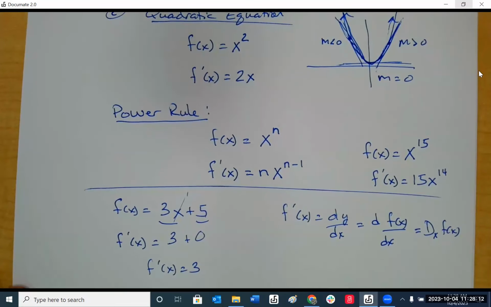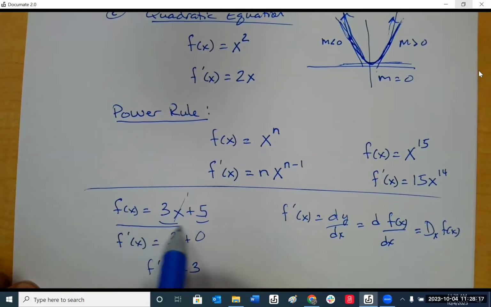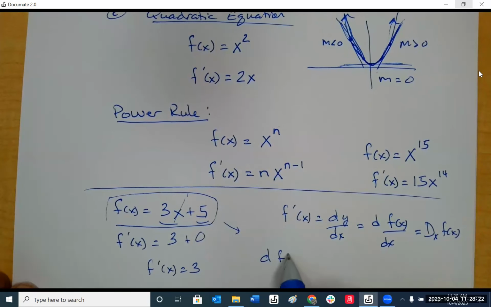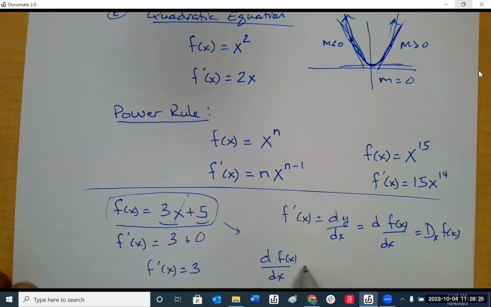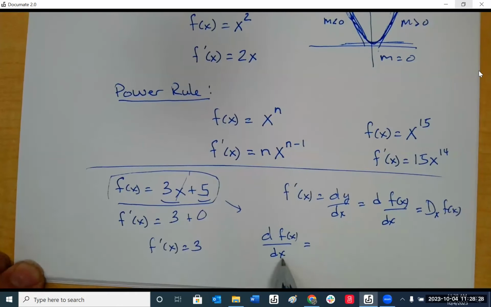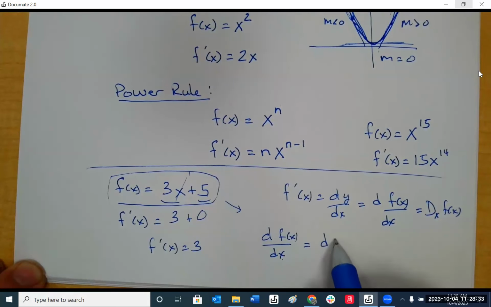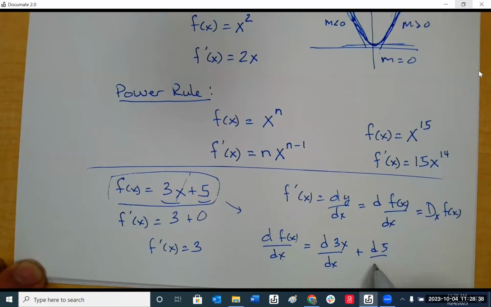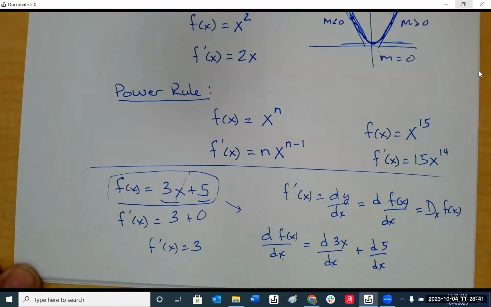So what's really happening with this equation here is for me to find the derivative of the function with respect to x. Whatever's on the bottom is what I'm taking the derivative with respect to. I'm doing each of these separately. So the derivative of 3x is 3, and the derivative of 5 is 0.